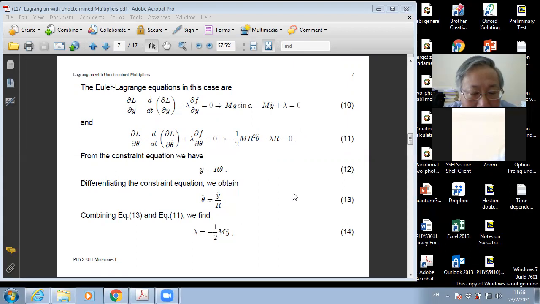All right. And from the constraint equation, we realize that y is equal to r theta. So differentiating this, we have theta double dot equal to y double dot divided by r. All right. Combining equation 13 and equation 11, we obtain the Lagrange multiplier, which is equal to minus 1/2 m y double dot.